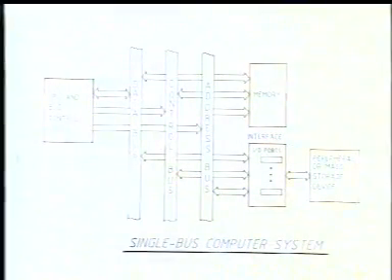Now, if we look at the block diagram of a digital computer, you see that the central processing unit, the memory, and the input-output devices are connected through a set of conductors, which is called the bus.